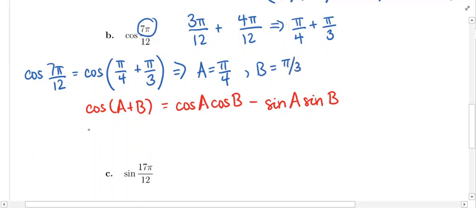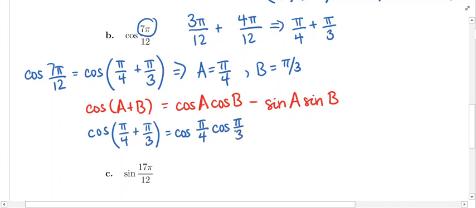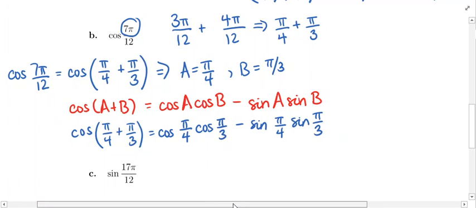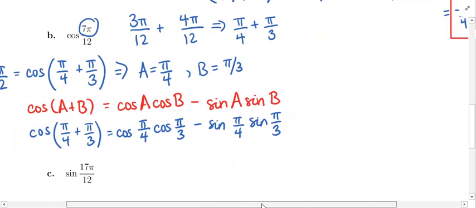We're going to get the cosine of pi over 4 plus pi over 3 is equal to the cosine of pi over 4 times the cosine of pi over 3 minus the sine of pi over 4 times the sine of pi over 3. Now we need to go get these individual function values off the unit circle, plug them in, simplify, and we're going to be good to go.